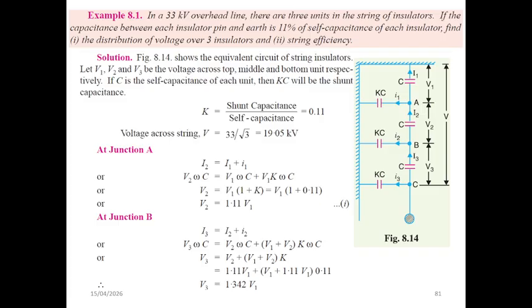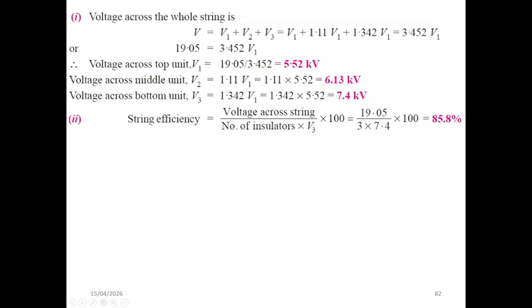This formulation also sets the foundation for calculating string efficiency, emphasizing the importance of proper insulation design in HV systems. Next, we can continue to calculate the rest of the equations.